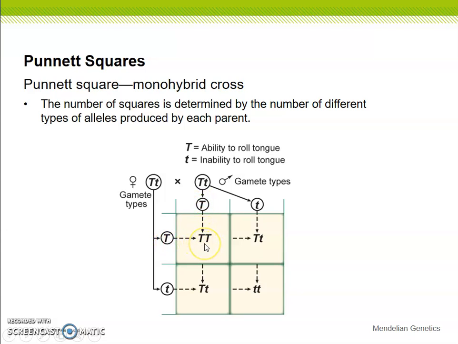So I have big T here. If I move over to the next one, I have big T, little t. If I move on, big T here, little t here. So I have big T, little t. And if I go here, I have a little t, so I'm going to have two lowercase t's in this box. Don't worry, we're going to do lots of practice with this.